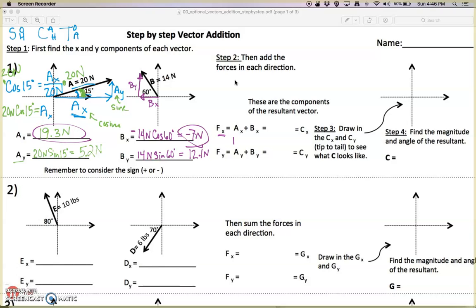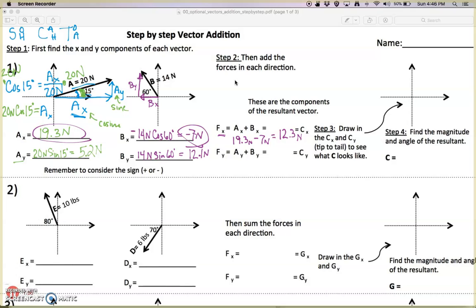Notice that I'm really highlighting negative 7, so it's 19.3 newtons minus 7 newtons. And that will give me the total in the x direction. I'm going to subtract, and I get Cx, or the new vector that we're solving for, and that's 12.3 newtons. And it's positive because 19 is bigger than 7.